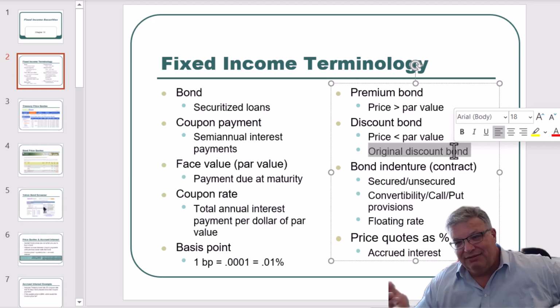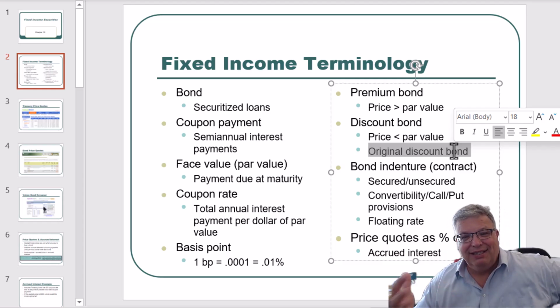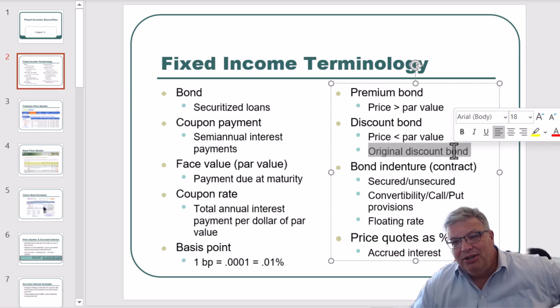And so the difference in value from what you buy it at to what you get at the end is kind of your embedded interest, even though there are no interest payments. And so treasury bills are issued originally at a discount to the par value of a bond.